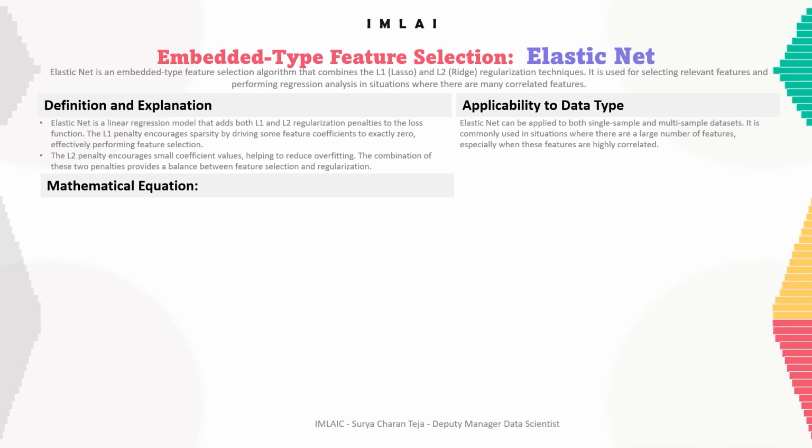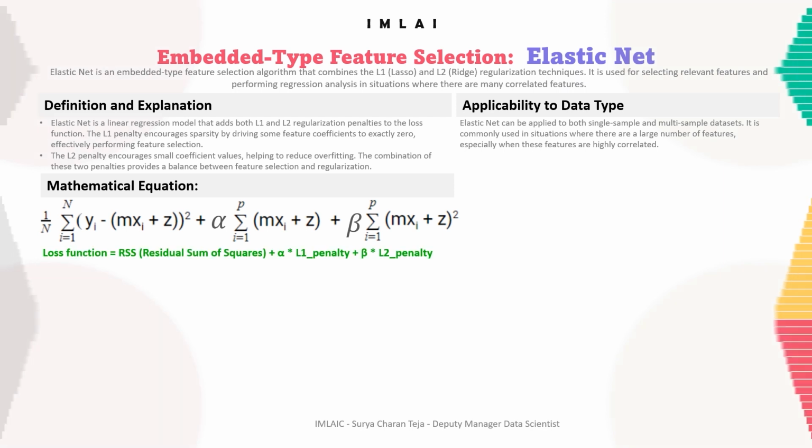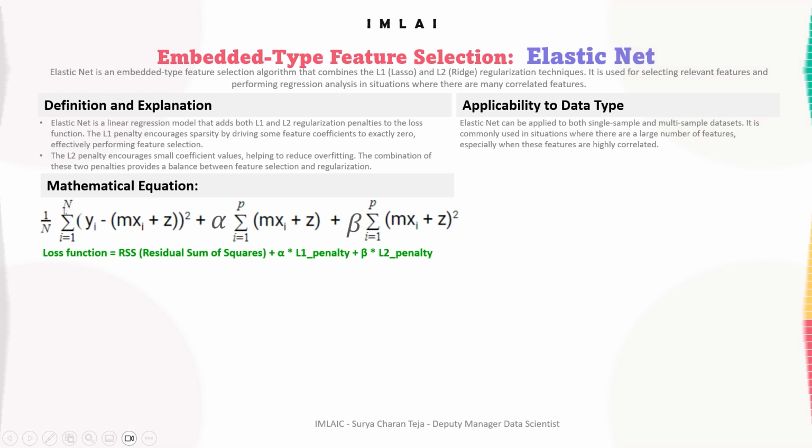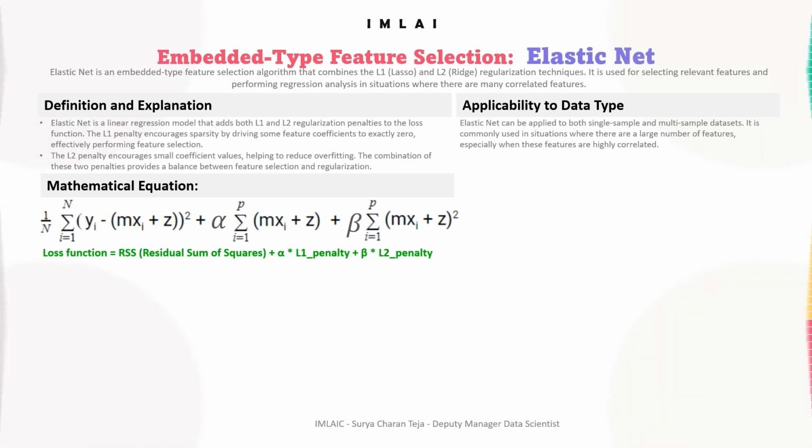The objective function of elastic net can be defined as the sum of residual sum of squares plus alpha times L1 penalty plus beta times L2 penalty, where the first portion that you see here is the RSS, residual sum of squares, or you can also say RSS can be represented as the sum of squared residuals.